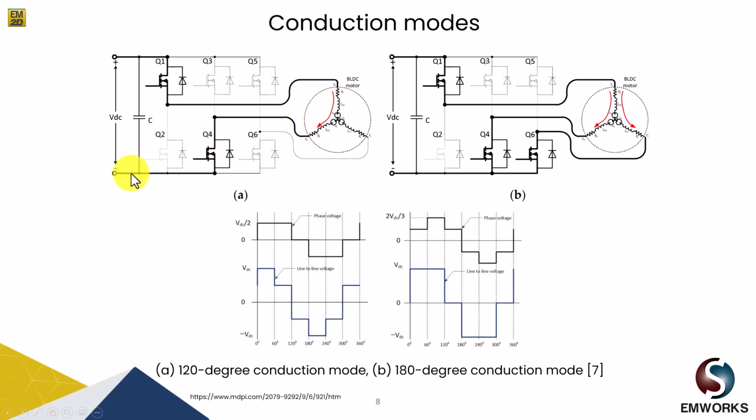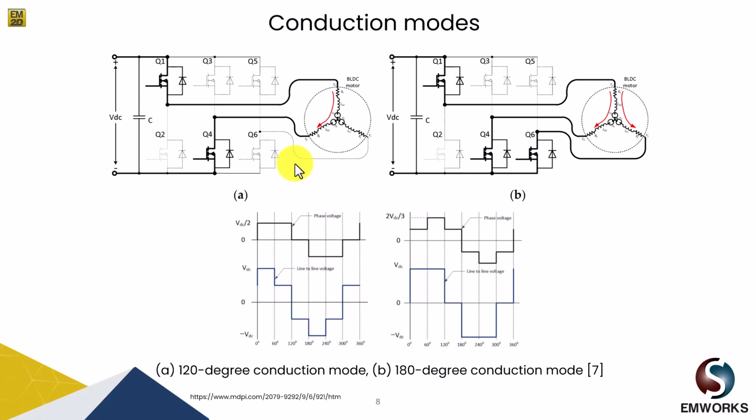The remaining phase C, represented by the dotted lines, remains floating. In this switching scheme, each phase is switched on for 120 electrical degrees and switched off for 60 electrical degrees.